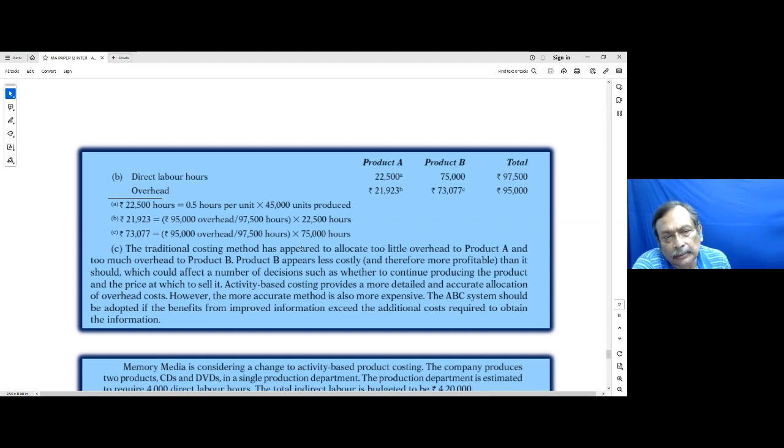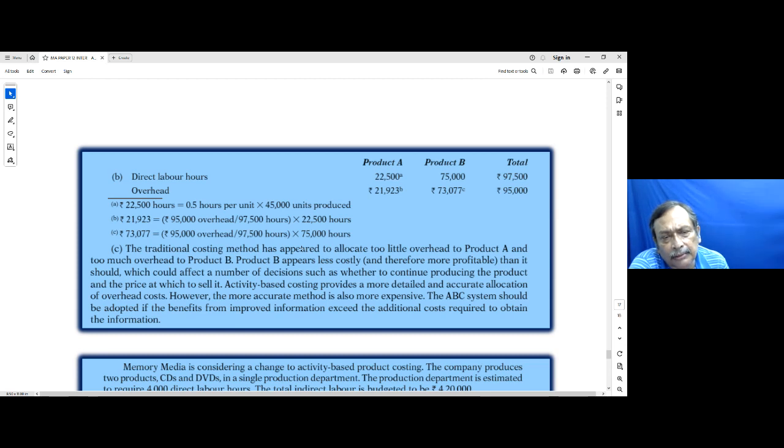How do you get it? 0.5 hours per unit into 45,000 units produced comes to 22,500 hours. Then 95,000 overhead divided by 97,500 hours, into 22,500 hours, comes to 21,923 of overhead.